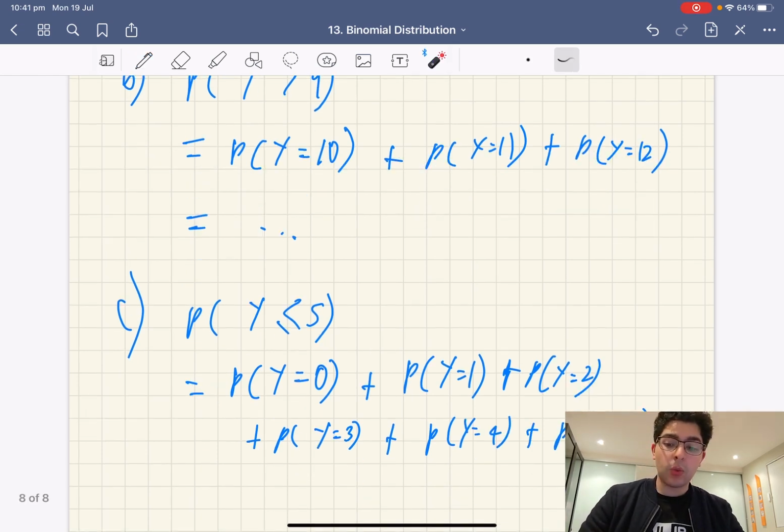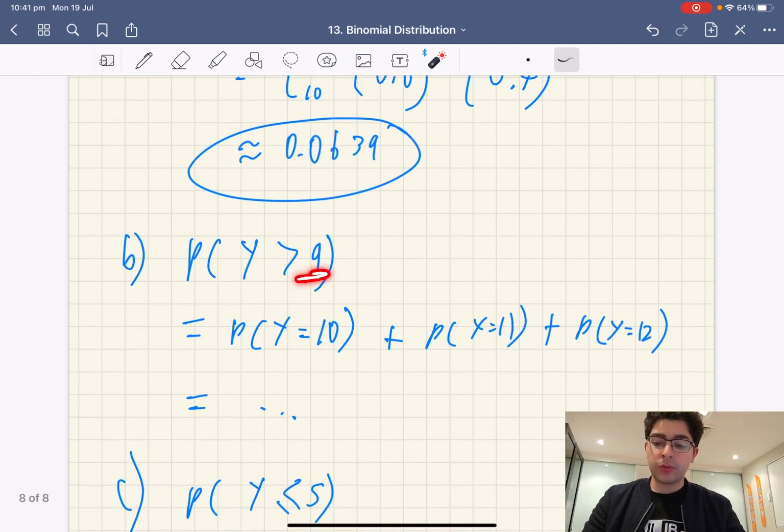Because in this case, we're saying y is less than or equal to 5, so because of the or equal, we include 5. I basically listed all the y values that would be 5 or less, all the way down till we get to the minimum, which is 0.